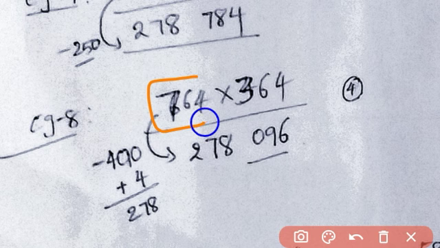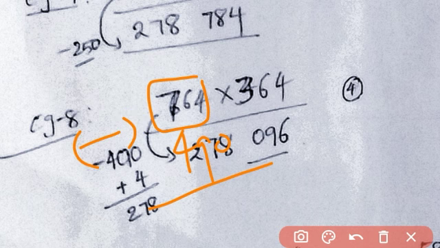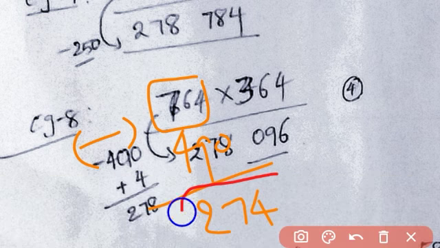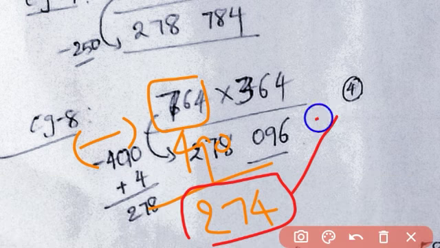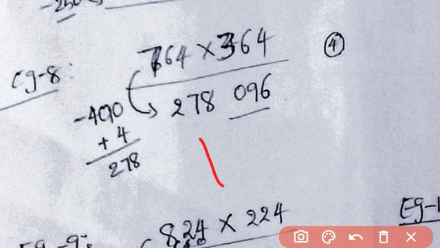Now we have 764, means we have to subtract 490 from it. 764 minus 490, how much will you get? 4 and 7 and 6 minus 4, 274 you get. You get 274, right? Add the 274 with the carry forward number, you will get 278. Here is your 278.